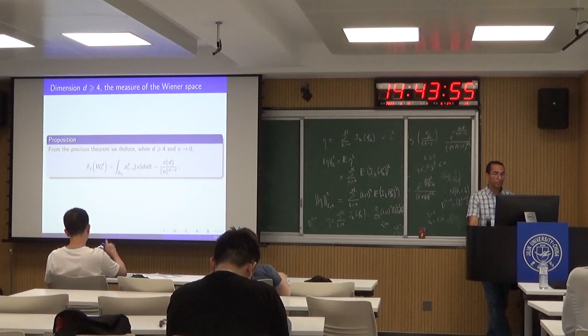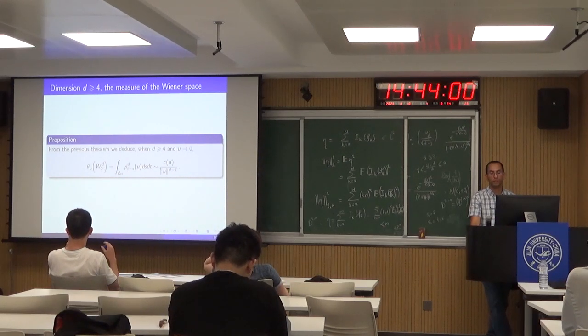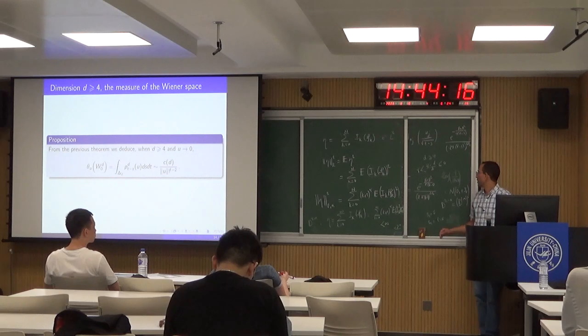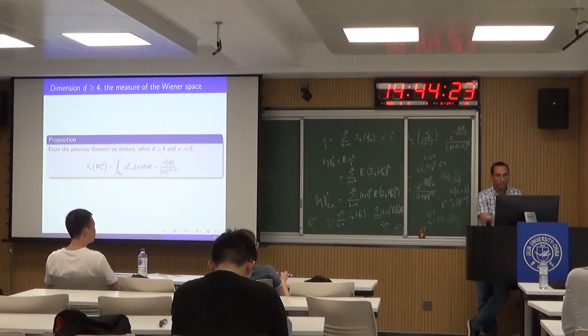When u tends to 0, the measure of the whole space clearly tends to plus infinity, constant divided by the norm of u to the power d minus 2. So we again have something that blows up around the origin. This reminds us of the behavior in two-dimensional and three-dimensional cases. A similar property is also true for higher dimension, but in terms of the associated measure.